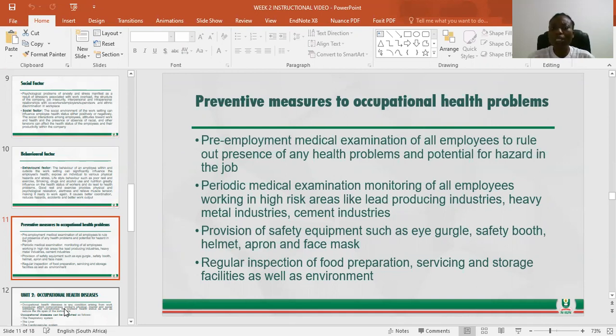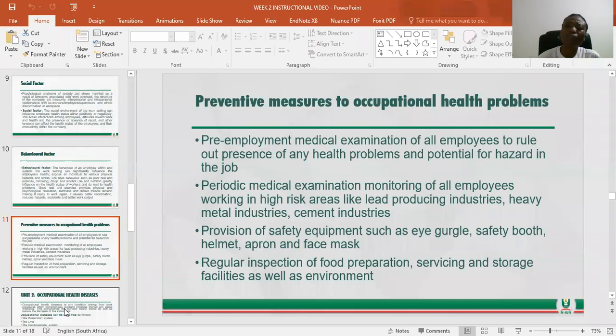Is the person running a shift without rest? Is the person running shift or day? Or is the person doing overtime? You want to look into the social, psychological and behavioral factors of the person, so as to know whether you advise the management to move the person from where the person is currently placed to another section that will be less stressful to the person.